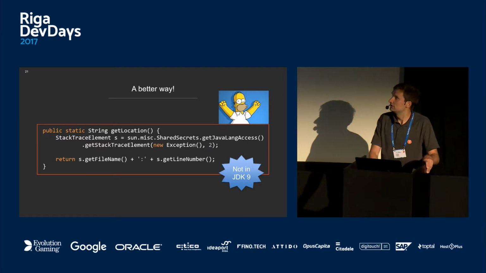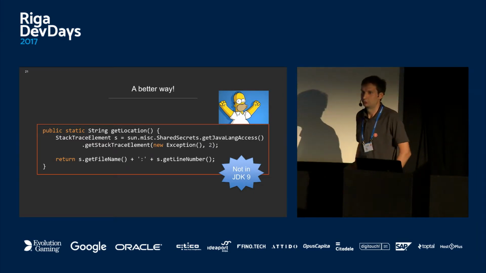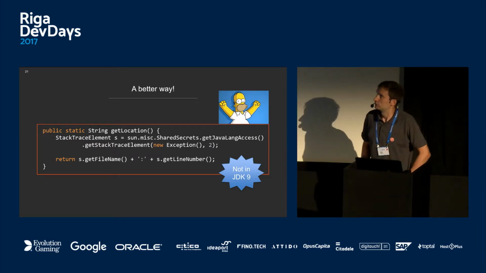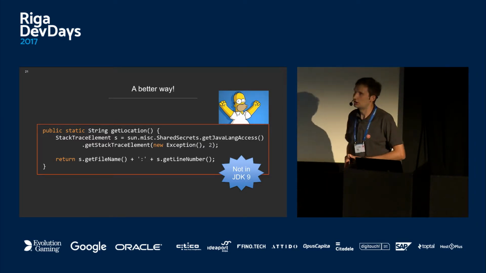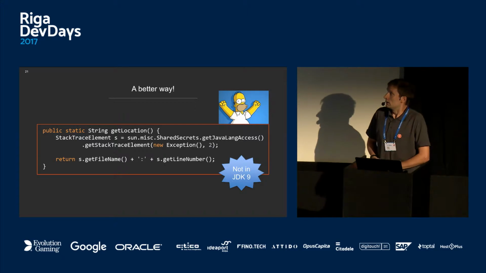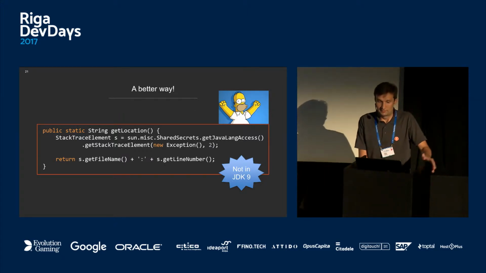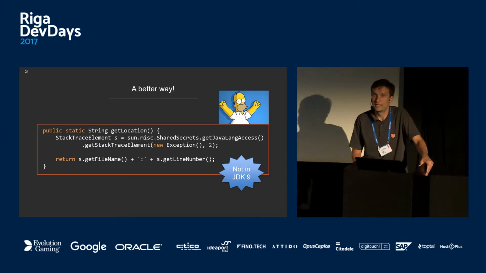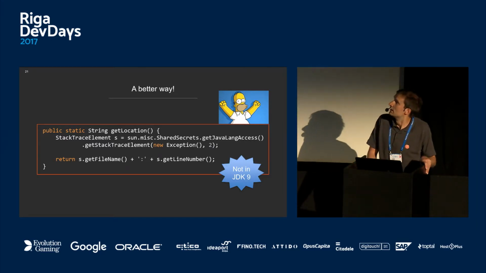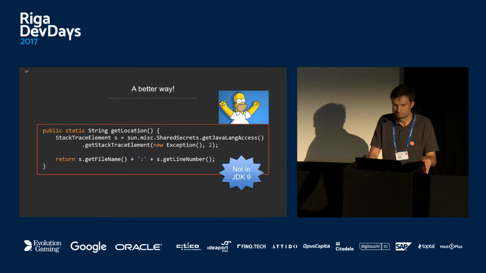The bad news is this won't work in future versions of Java, because the whole stack walking mechanism was completely rewritten in Java 9. That's the usual thing that happens with private APIs, so don't rely on private APIs unless you have a backup plan.